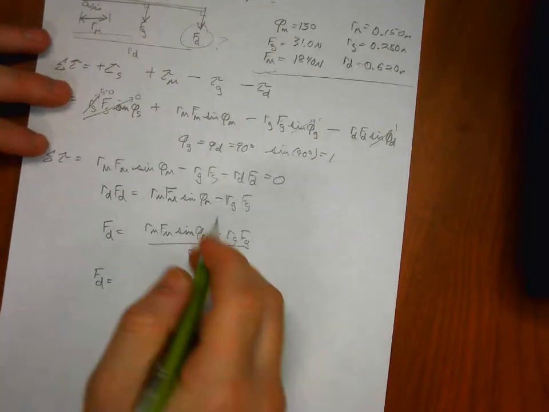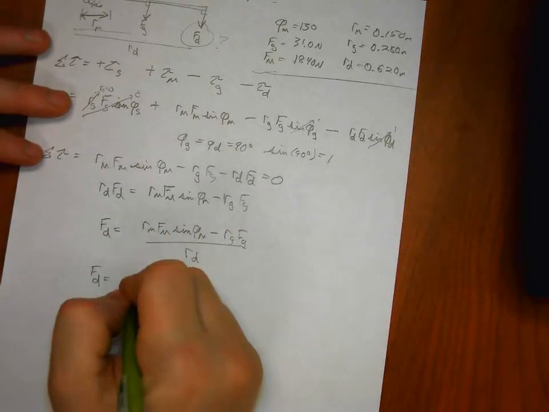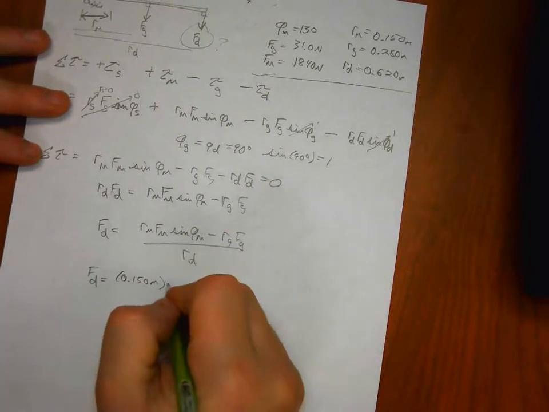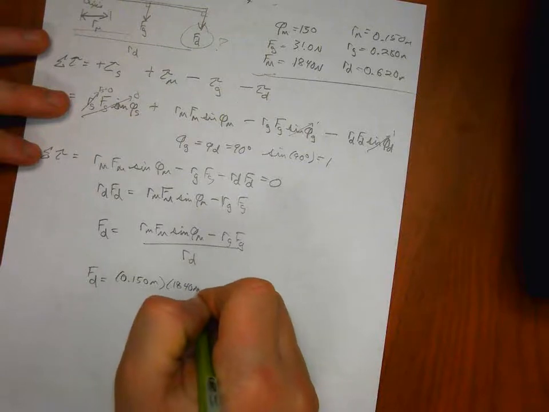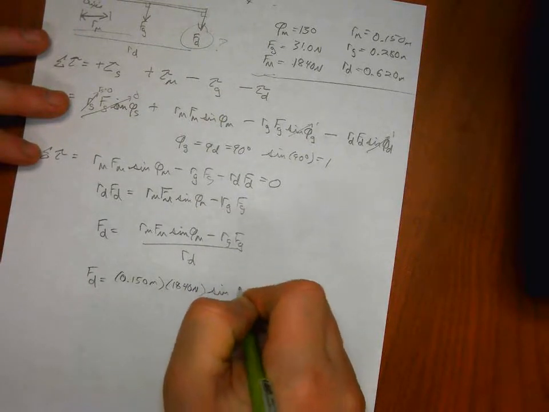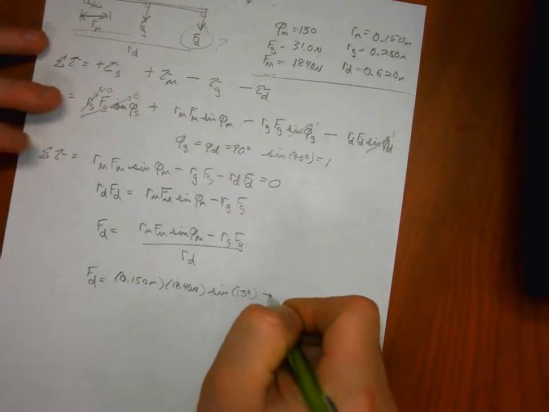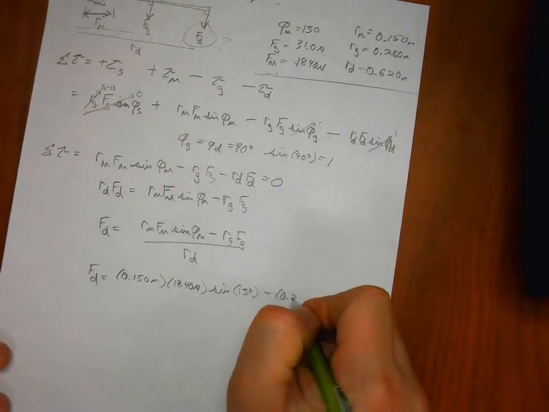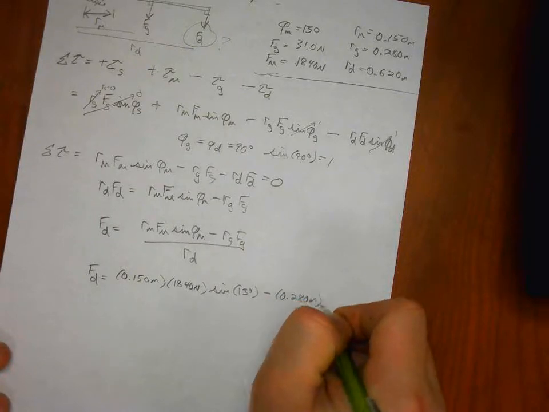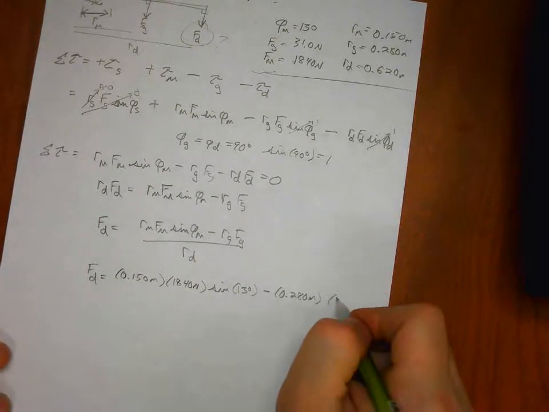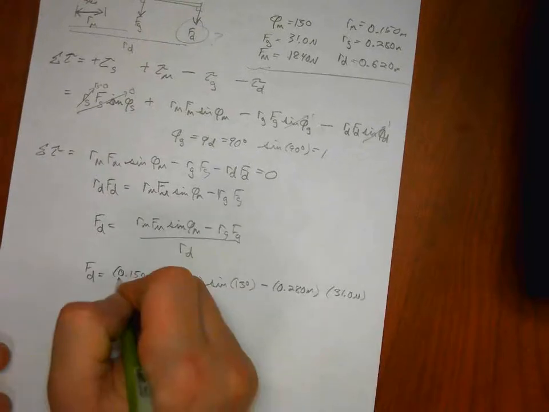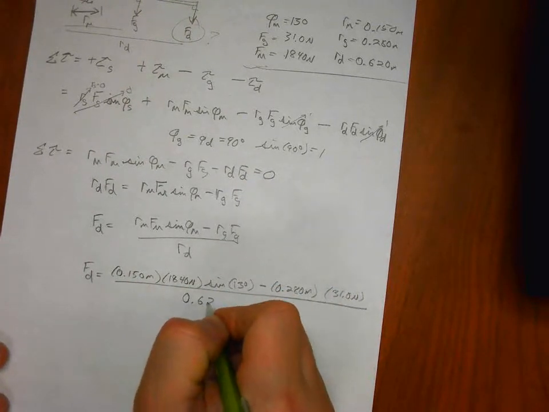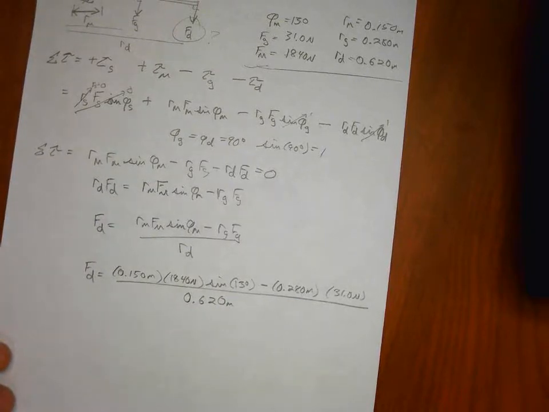Or the force of the dumbbell is equal to 0.150 meters times 1840 newtons sine of 13 degrees minus 0.280 meters times the gravity, 31.0 newtons, all over the radius, which is the distance to the dumbbell, of 0.620 meters.